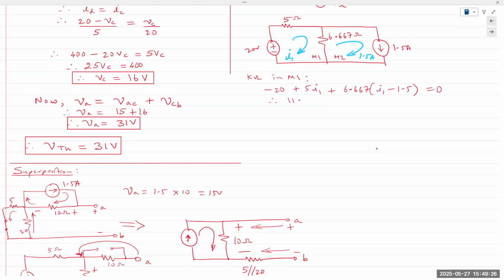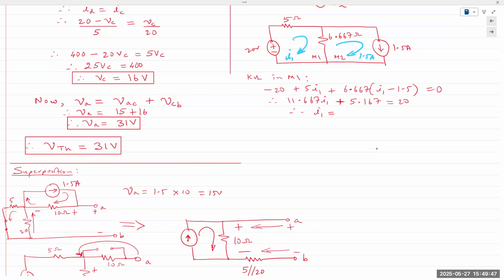So 11.667 I1 minus, not minus, sorry, plus 1.5. So it'd be 5.167 equals 20.